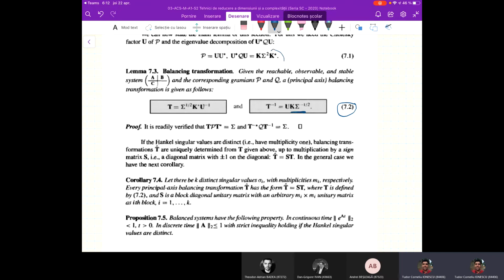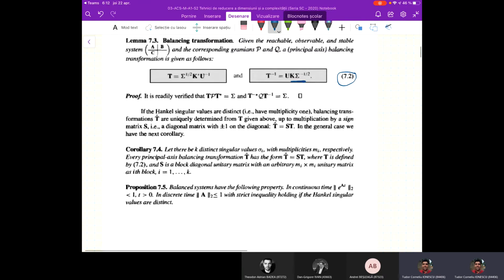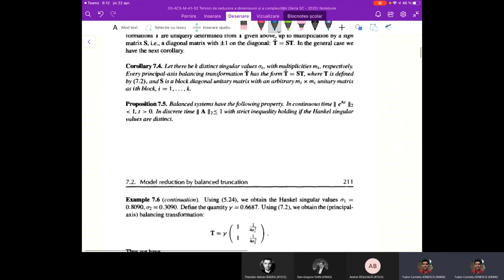And this is the classic balancing algorithm, starting with a Cholesky factorization of the controllability gramian. And here the Hankel singular values are explained. This is also very interesting.